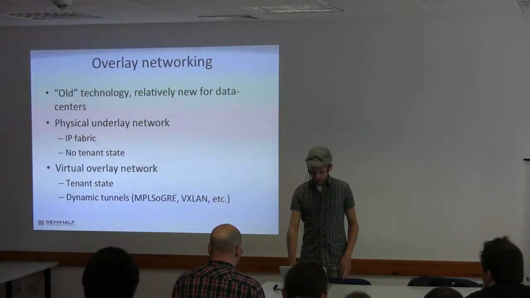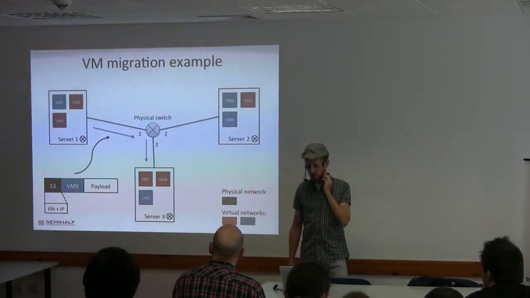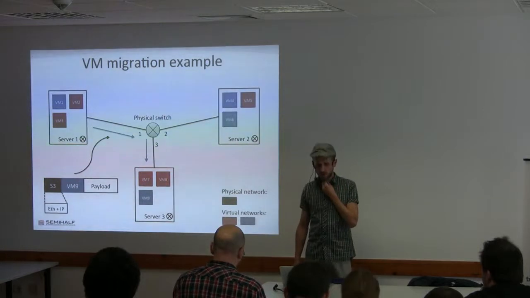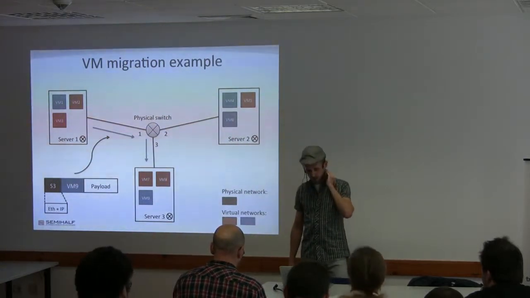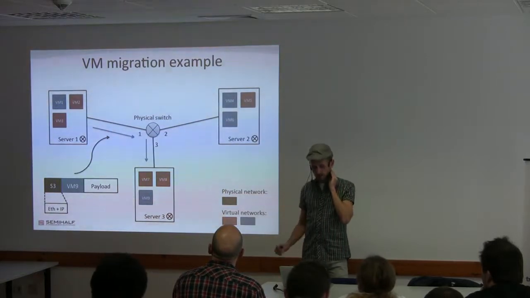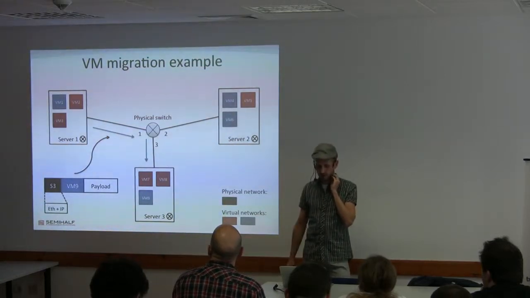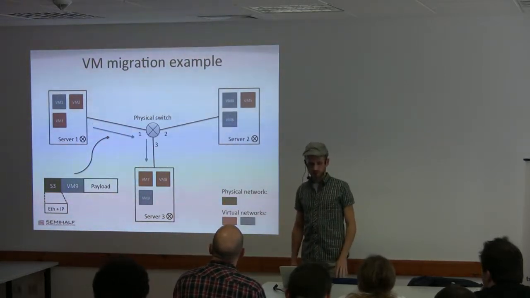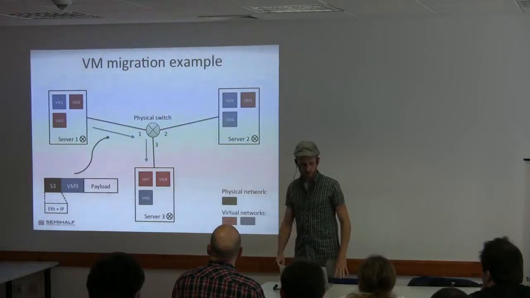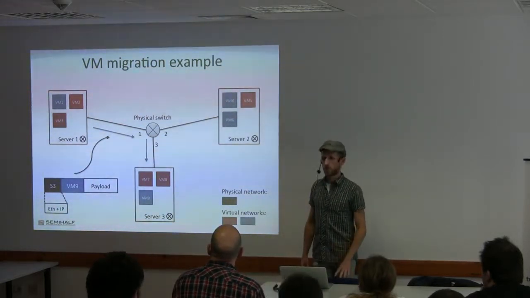the VMs. So let's go back to the same example, but now let's see what happens when we have an overlay network. If VM1 tries to reach VM9, the vRouter, the software in the server 1 hypervisor, encapsulates the packets for VM9 with the header of the physical server 3.